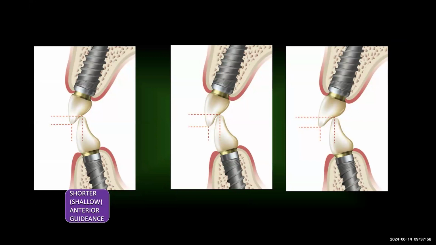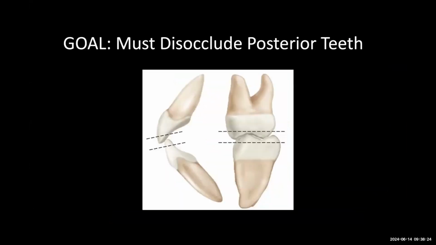Why? The longer the disclusion, the greater the shear force, and the greater the shear force goes to the buccal plate of those maxillary implants, and we start getting bone loss. So you want to disclude as soon as possible. The anterior guidance should be as shallow as possible to prevent those problems.